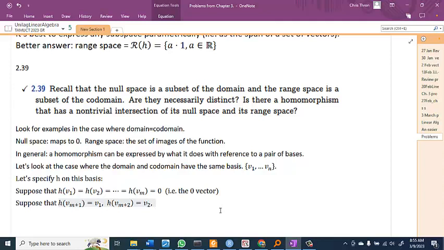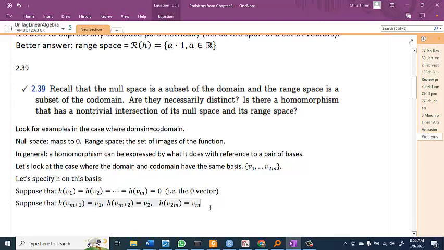Here, I would map h of v of 2m to v of m, d sub m. Now, just to make this easy, let's make this n be 2m. So what do I have here?